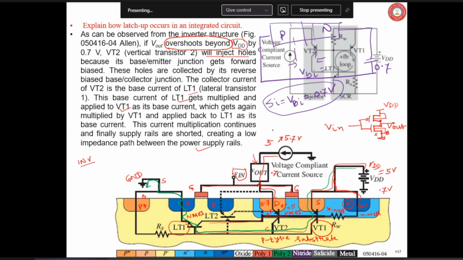So now let us start the discussion. Carefully see the diagram. As can be observed from the inverter structure, you have a substrate, p-type substrate, lightly doped.